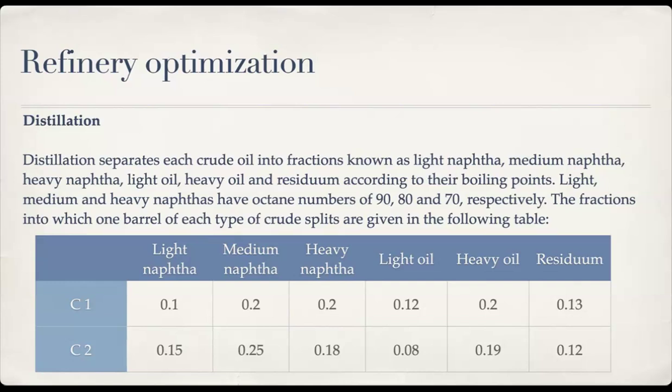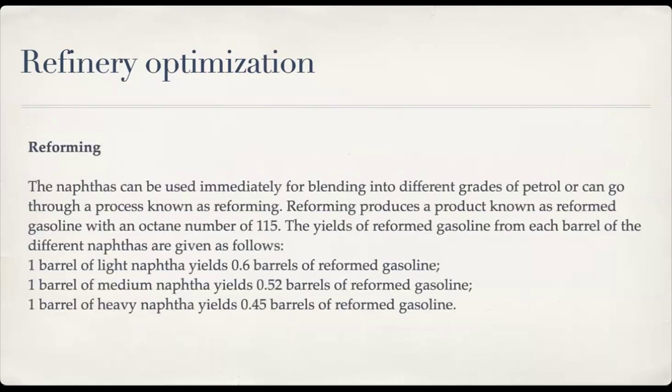Now, naphtha can be sent to the reformer, and the reformer also has yields, with information shown here. From the reformer, we obtain reformed gasoline.